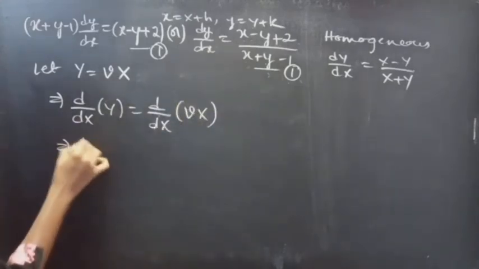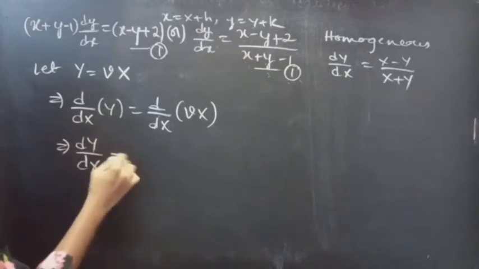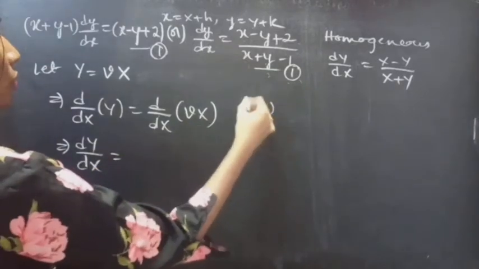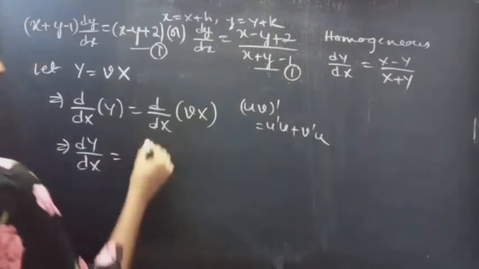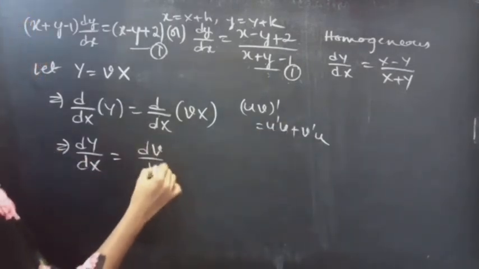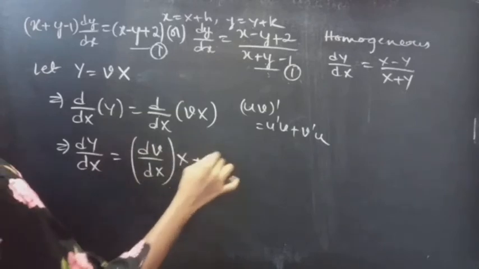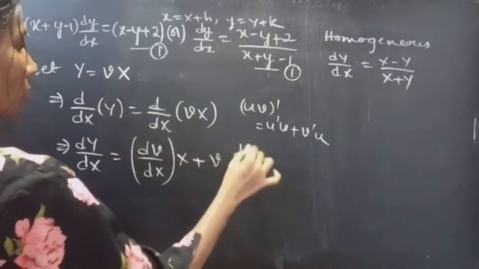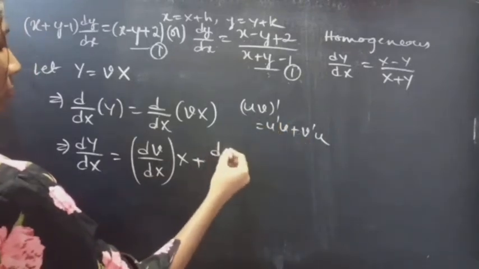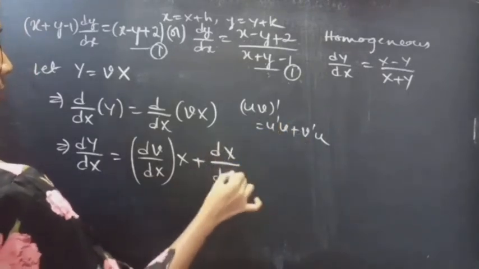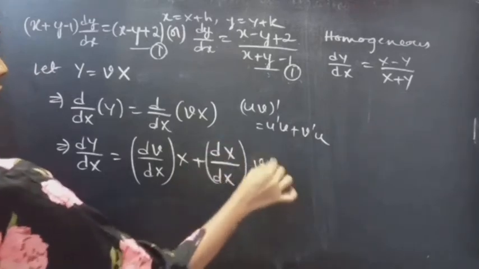then dy by dx equals, here apply the uv whole dash formula, u dash v plus v dash u: dv by dx into x plus dx by dx into v.